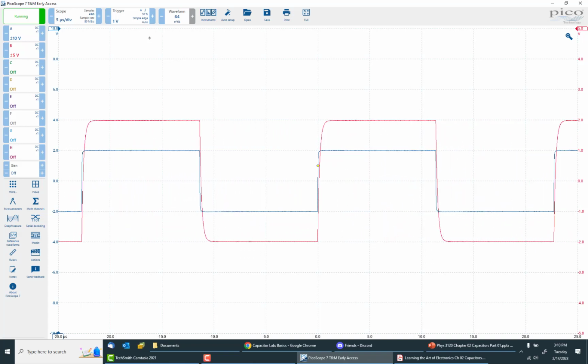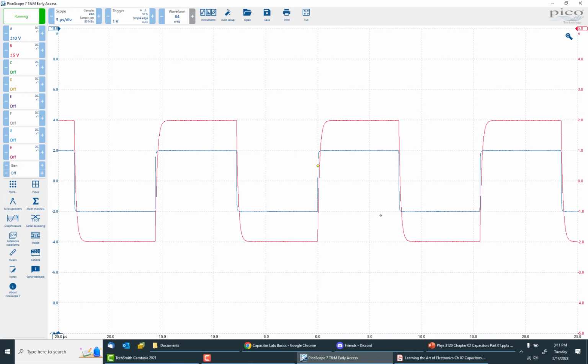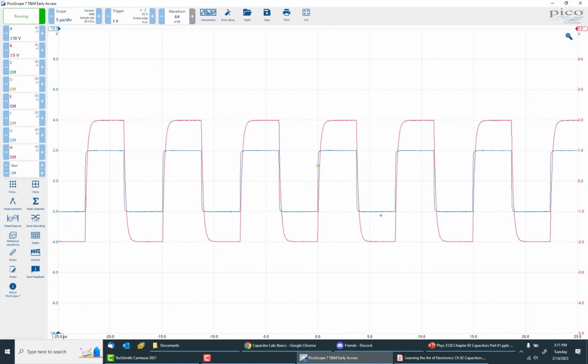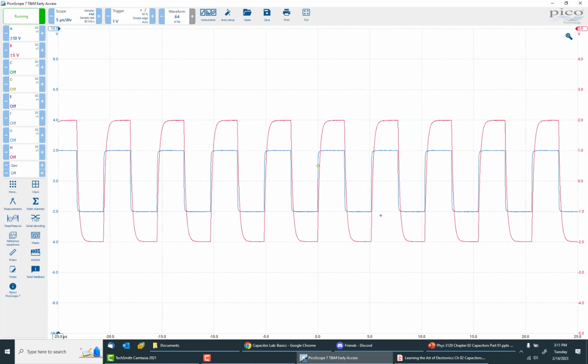Now notice what's going on here. The fun part is in this curve right here. That's where the time constant is. So you want to set this thing up so you can see that.